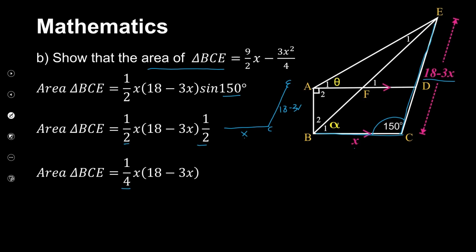We get a quarter. Just doing some algebra, a quarter of 18 is 9 over 2, and a quarter times 3 will give us 3/4. So we end up with the area of triangle BCE is 9 over 2 x minus 3, and then we've got x times x, so it's x squared over 4.